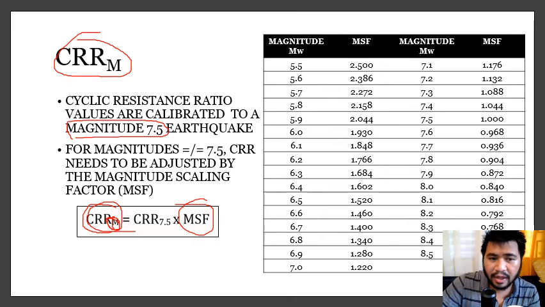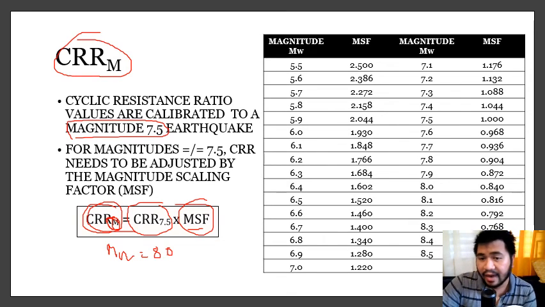So if your earthquake is actually magnitude 8, sorry for my poor handwriting, you have to multiply the CRR 7.5 by the magnitude scaling factor for this earthquake. So you have to multiply it by 0.840.